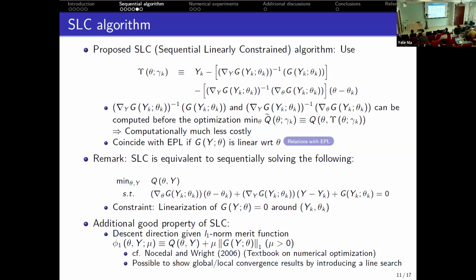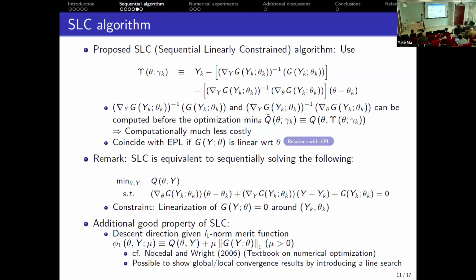So regarding this problem, the objective corresponds to Q, the original objective, but the constraint, this one, is a linearization of g(Y, theta) equals 0 around Y_k and theta_k. So that's why I call the proposed algorithm SLC, the sequential linearly constrained algorithm.